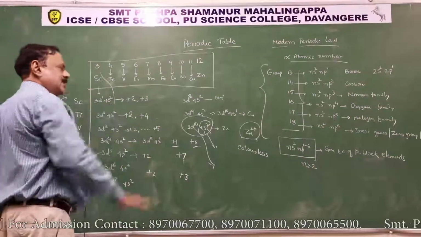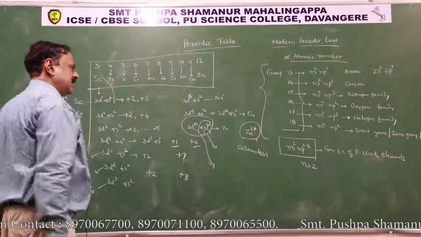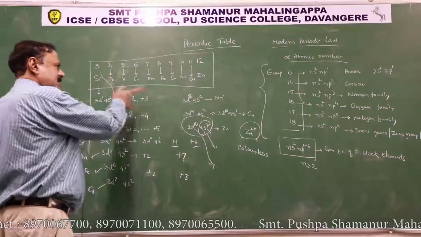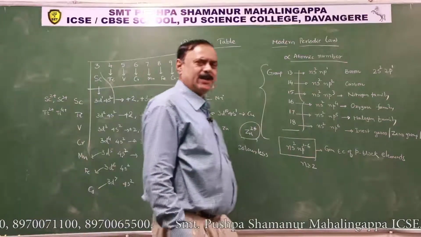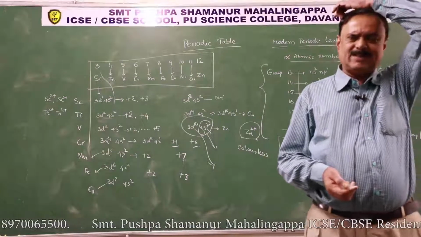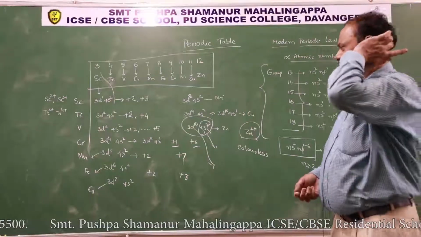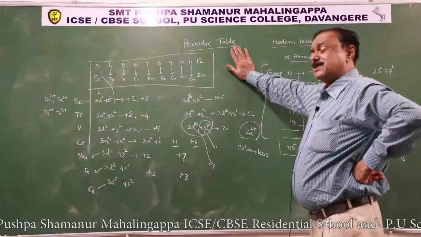The oxidation state varies depending on whether inner atomic orbital electrons are involved or only outer atomic orbitals participate in chemical reactions. On this basis we can classify them. Now these are called transition metals.